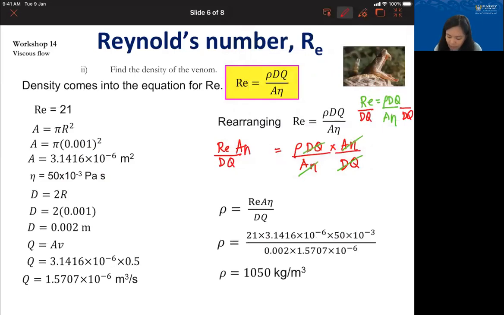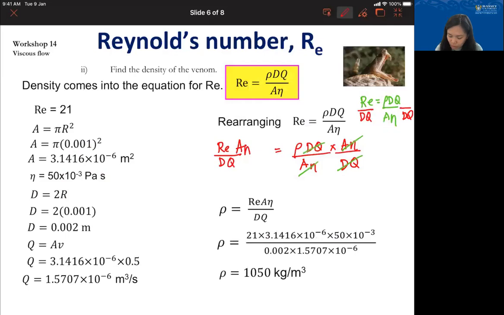And then A times eta is being tied to the density rho via this division. So notice how density is divided by A times eta. To get rid of A times eta, we need to do the reverse operation of this division. The reverse of a division is a multiplication.